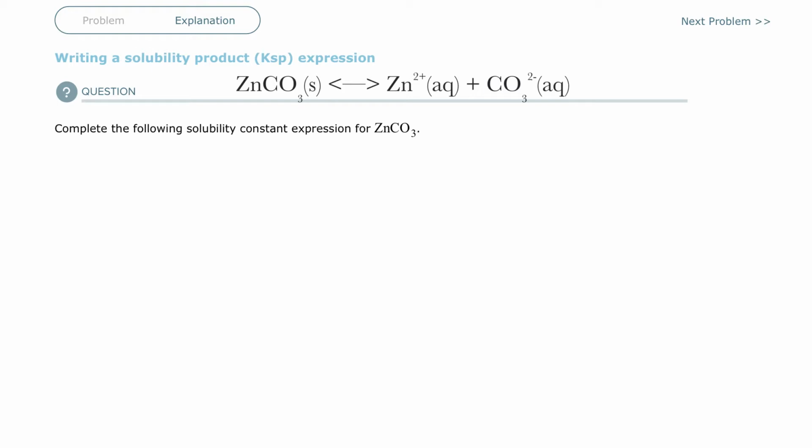Solubility product expression, Ksp, has to do with when something is saturated. If you dissolve sugar in iced tea and you end up with an inch of sugar at the bottom of your cup, all of the sugar that the water can hold is dissolved, and the rest that you put in the cup can't dissolve, so it falls to the bottom.